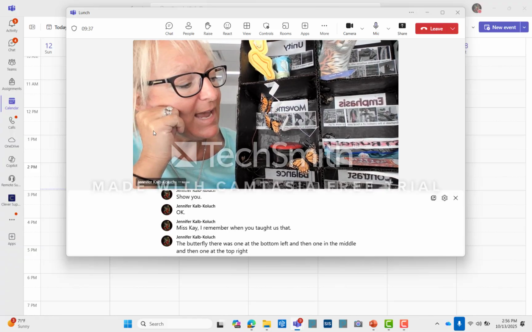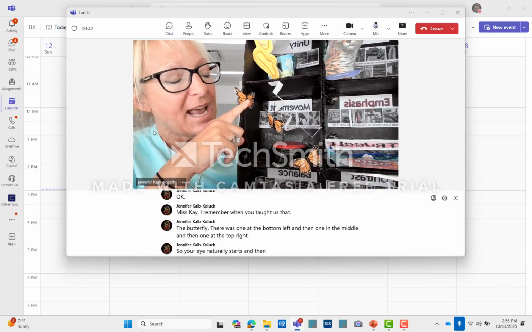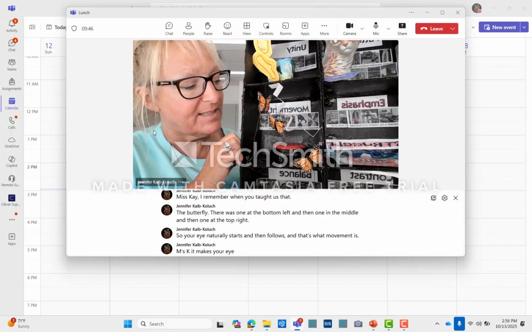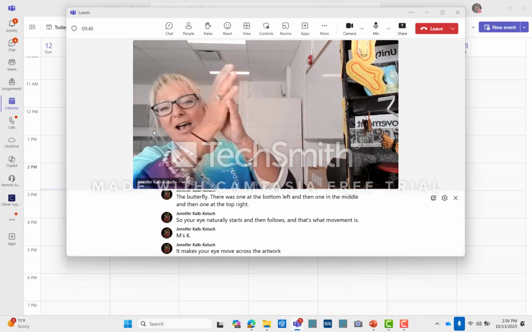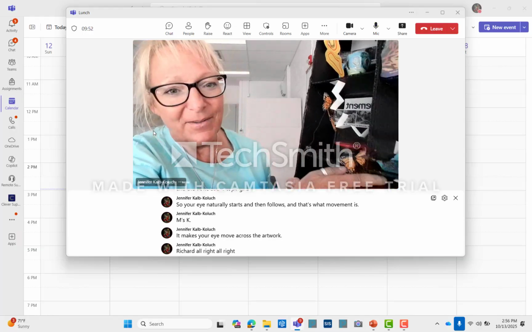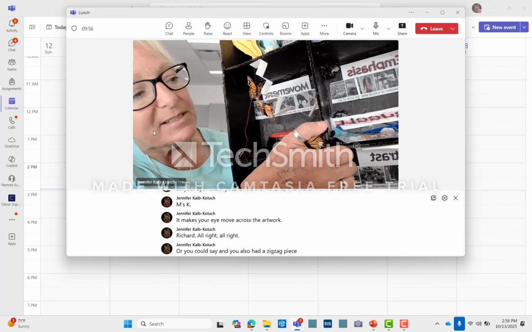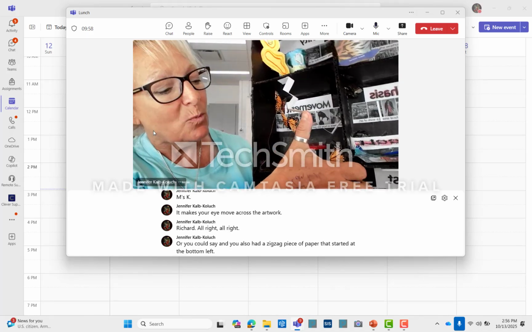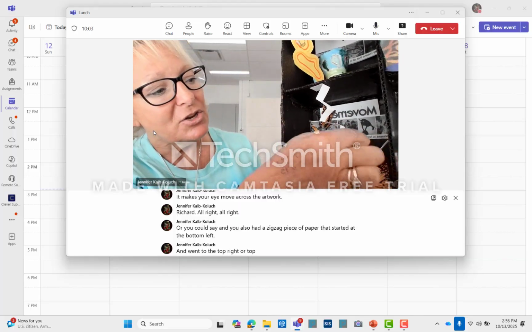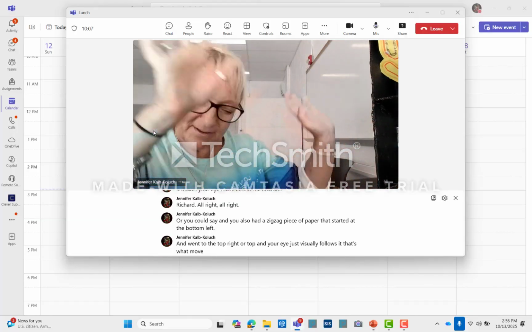So your eye naturally starts and then follows, and that's what movement is, Miss K. It makes your eye move across the artwork. Or you could say, and you also had a zigzag piece of paper that started at the bottom left and went to the top right, and your eye just visually follows it. That's what movement is, Miss K.